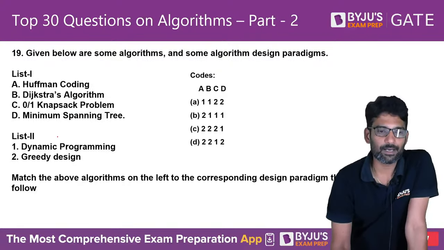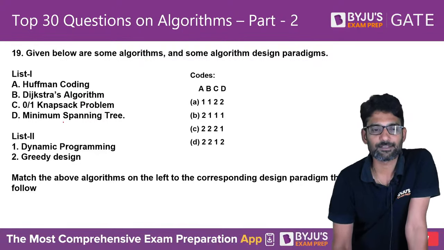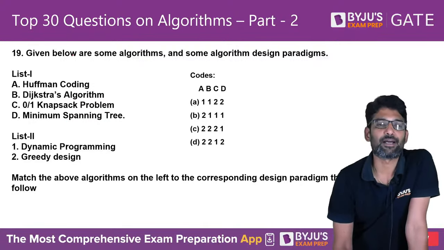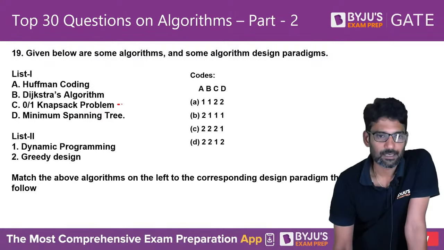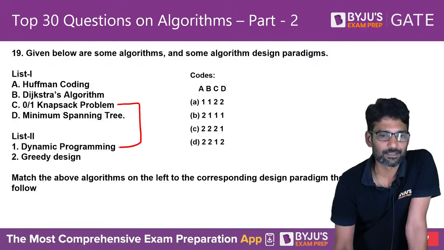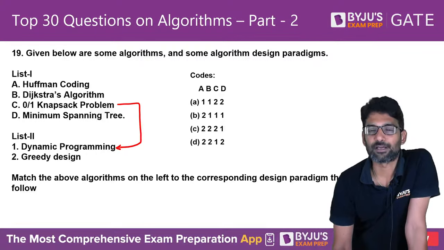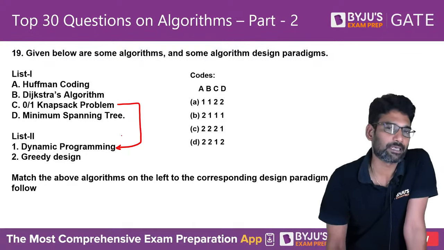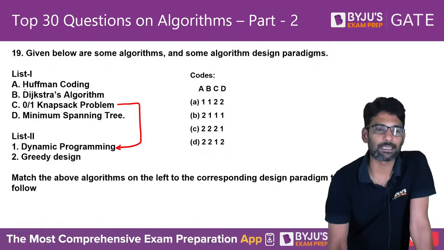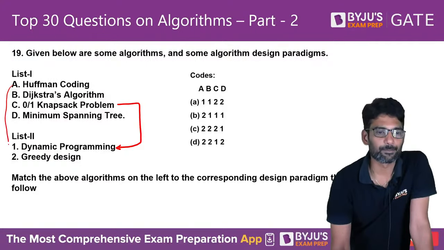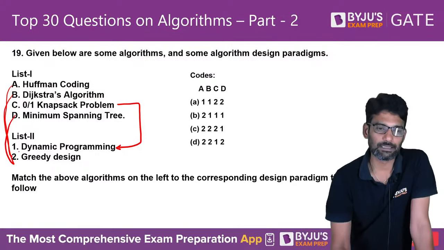Here, do we have any that follows the dynamic programming paradigm? Yes. 0/1 knapsack is DP based. Effectively, you can try with greedy also, but it won't guarantee an optimal solution. But all the other three, Huffman coding, Dijkstra's algorithm, minimum spanning tree, are all greedy based.